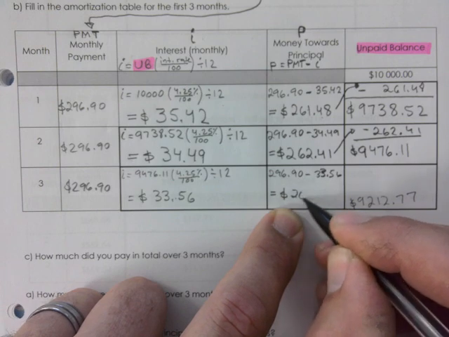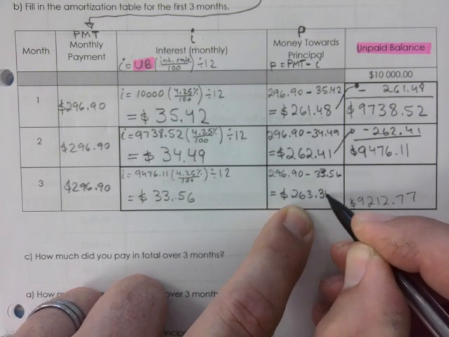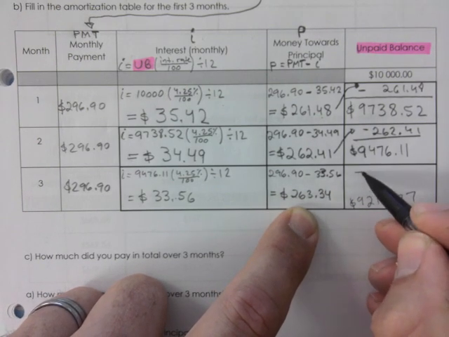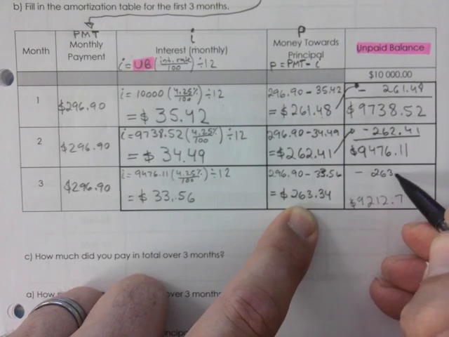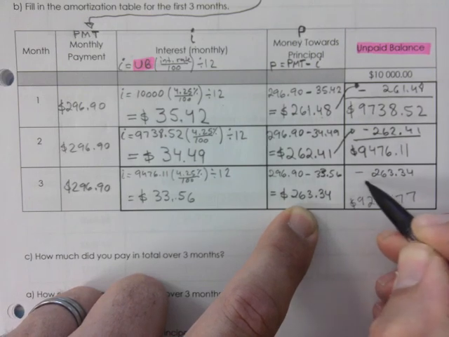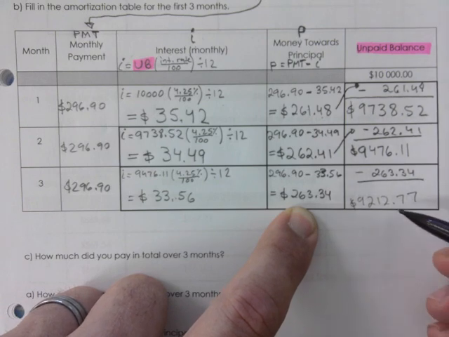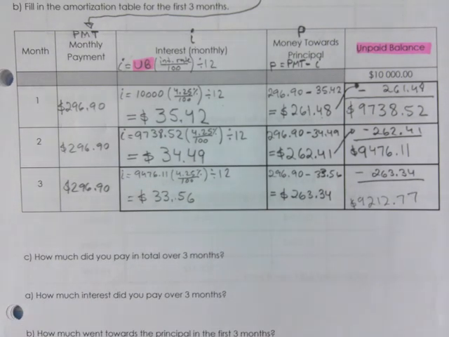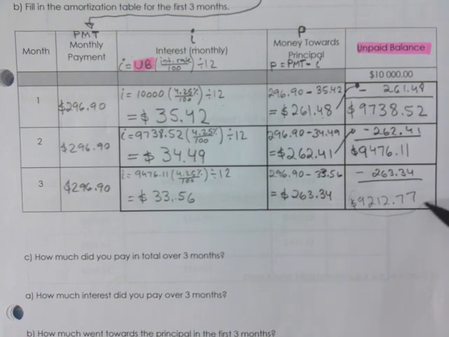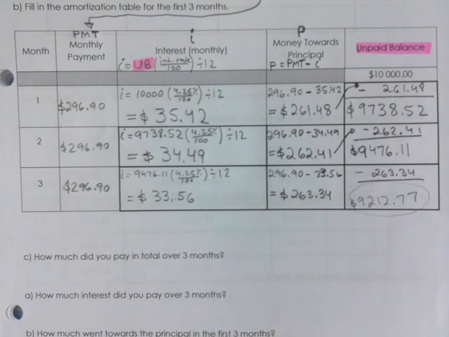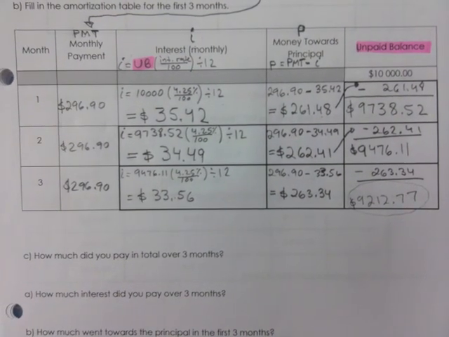And this is 263.34, which then, right, now officially I'm showing my work here, and you should get this number here. This is how much you owe after 3 payments. After 3 months, you'll be owing $9,212.77 on the dot.